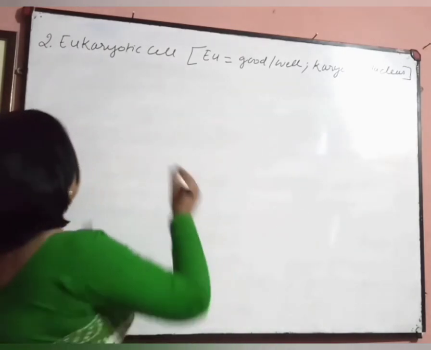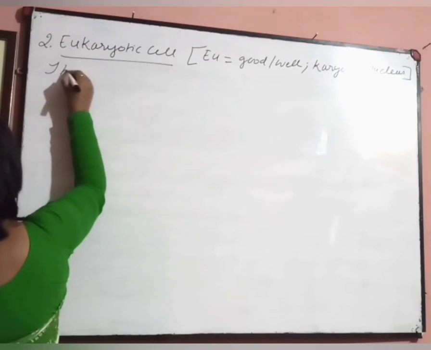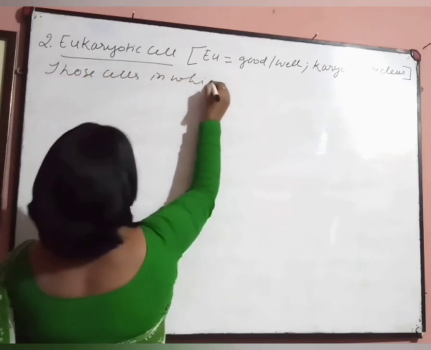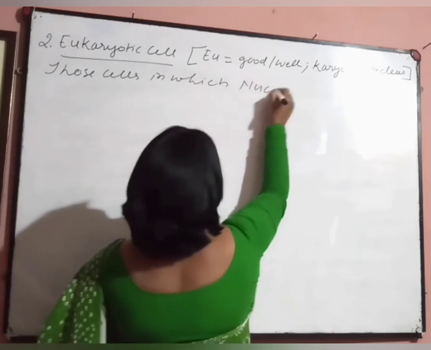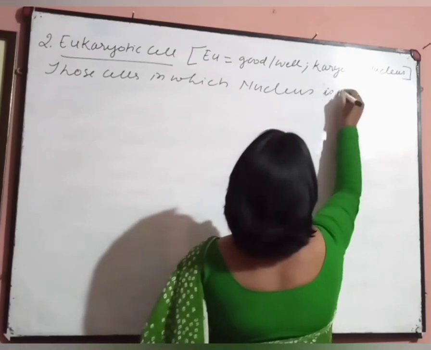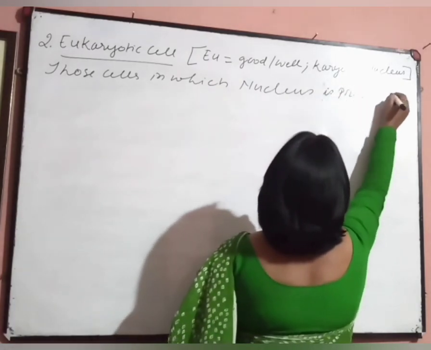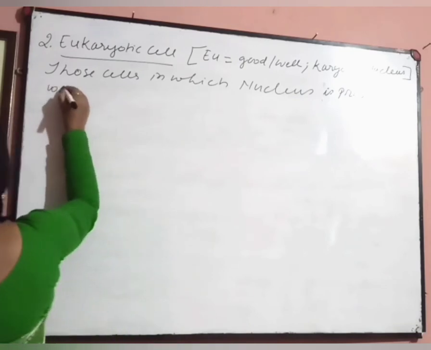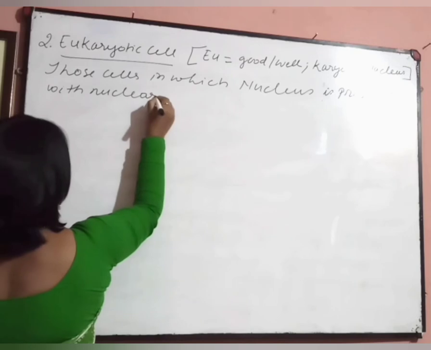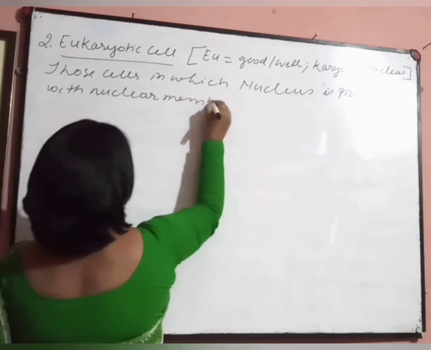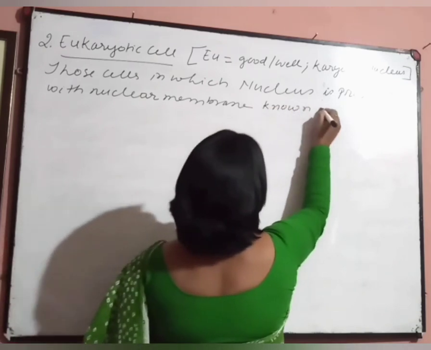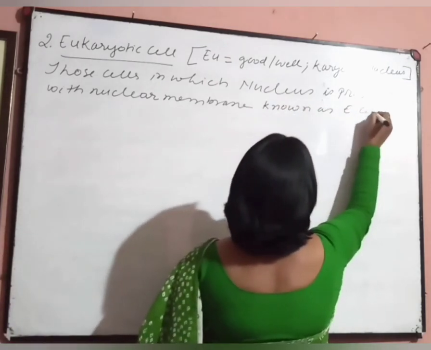Those cells in which nucleus is present with nuclear membrane are known as eukaryotic cell.